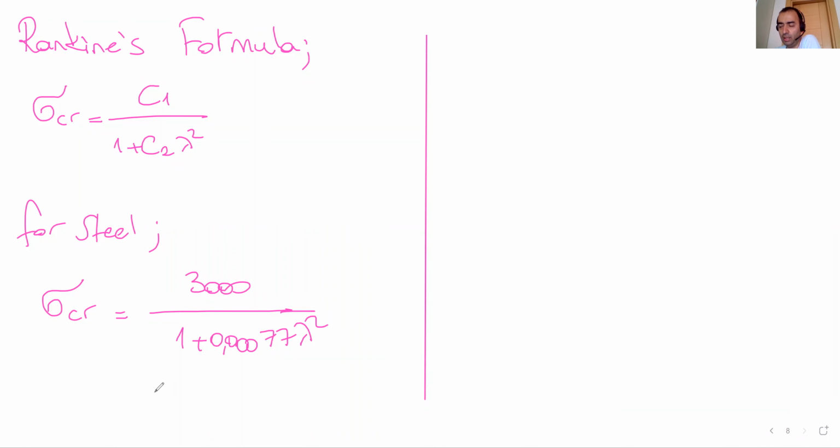Okay, let's complete the section check, how we check the sections. Then in the second session, we can solve only problems. How we check sections.